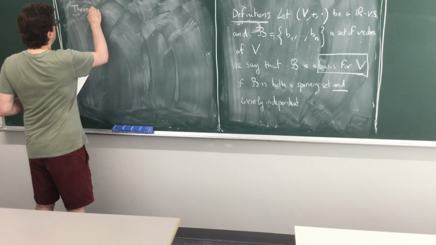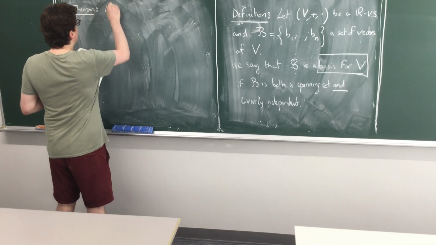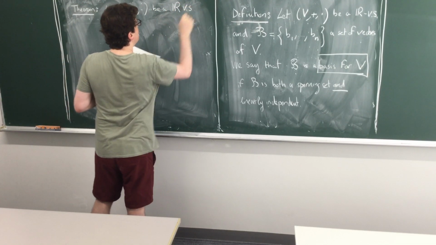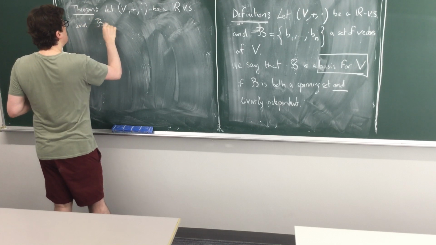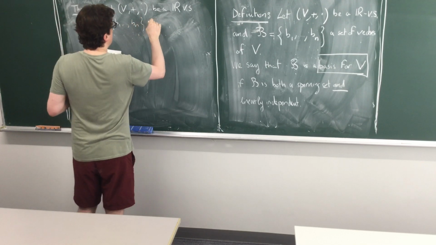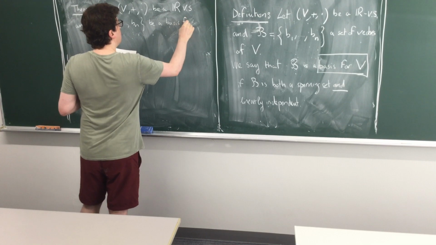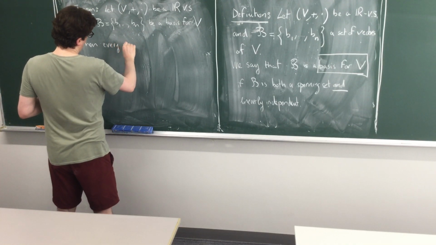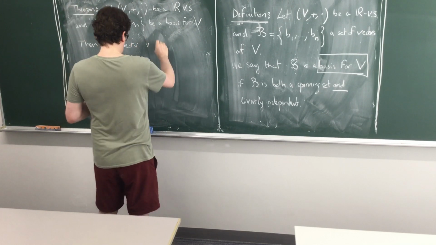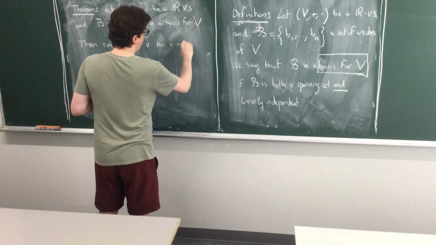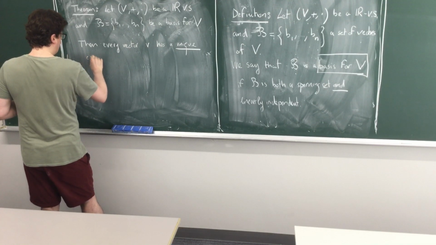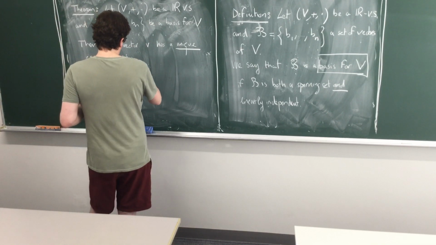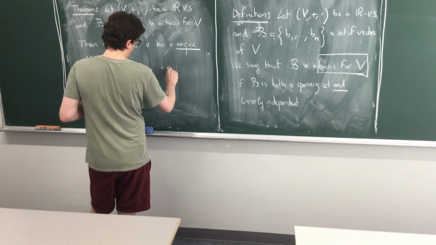Theorem. Let V be a R vector space and B be a basis for V, then every vector v in V has a unique expression as v equal x1 b1 plus xn bn.